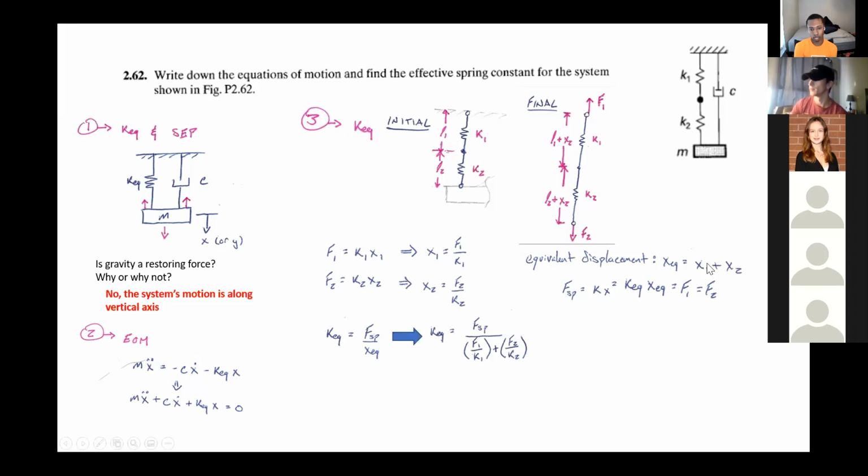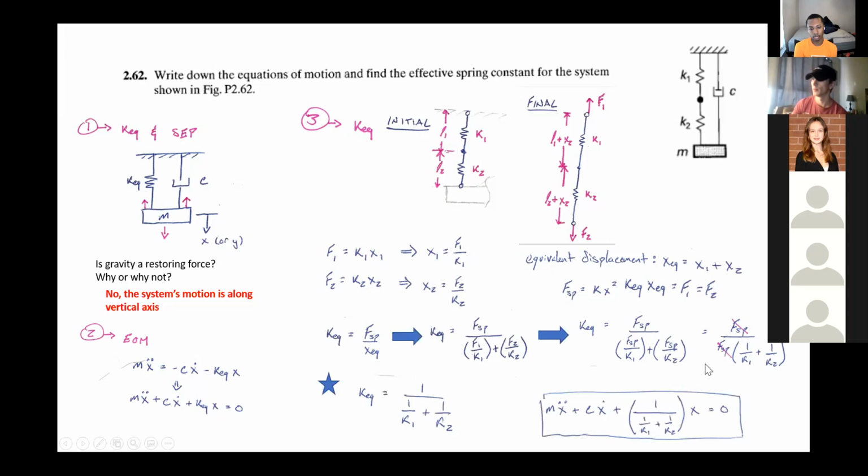Taking my X1, which is force 1 over K1, and plugging that into the equation, and inputting Newton's third law, I take away force 1 and force 2 and just say it's the force of the spring. Taking that out of the denominator, they cancel, and I end up with K equivalent equals 1 over K1 plus 1 over K2.